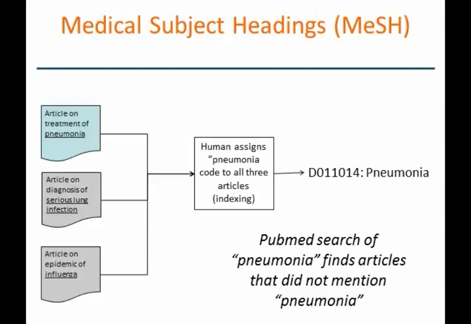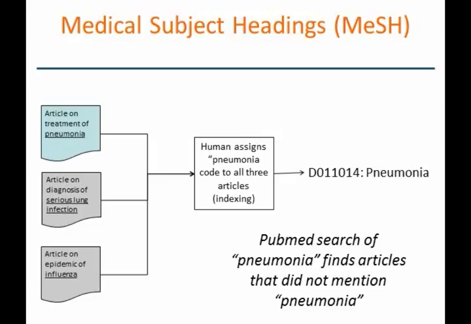So, for example, on the left side we see 3 different articles. There's an article on pneumonia, an article on diagnosis of serious lung infection, and an article on influenza, which, as we know, causes pneumonia.